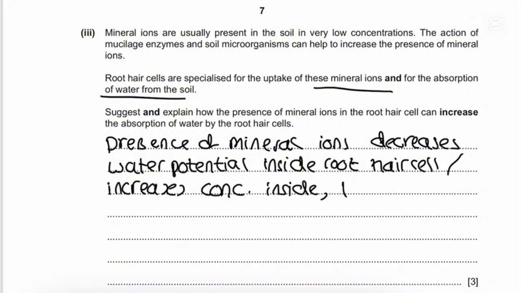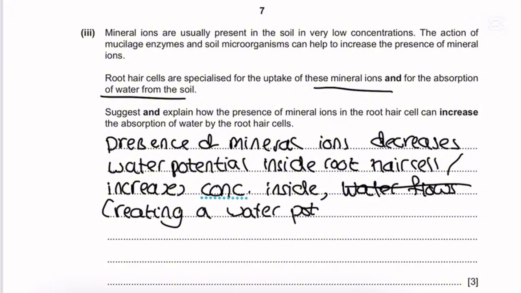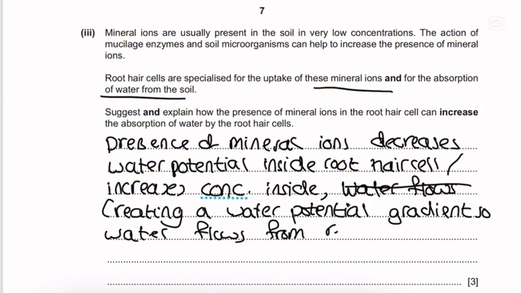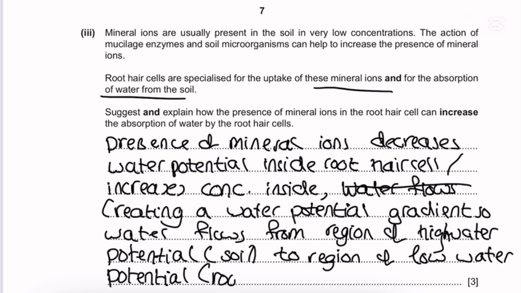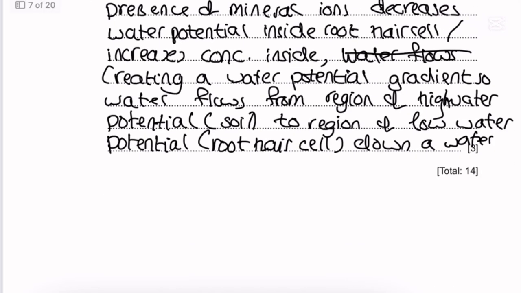And so what happens is, creating a water potential gradient, so water flows from a region of high water potential in the soil to a region of low water potential in the root hair cell, and then obviously down a water potential gradient, and they can define osmosis, water.